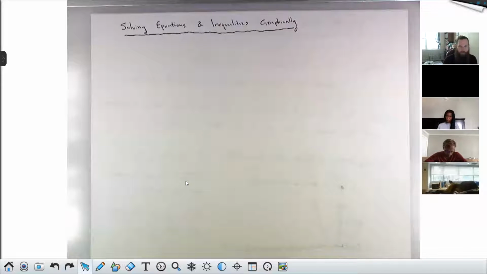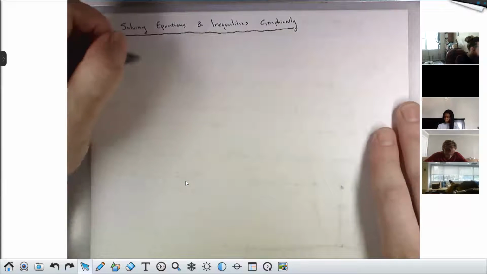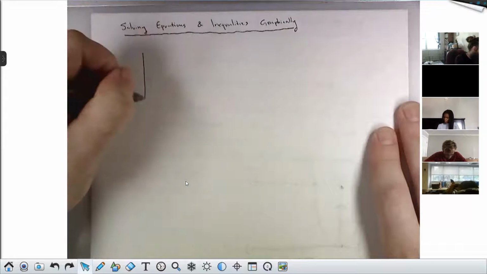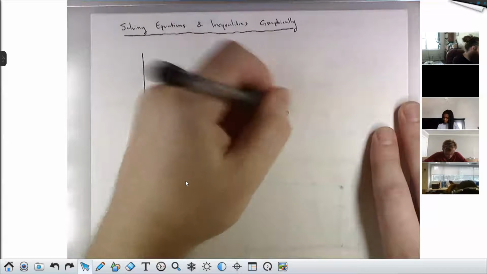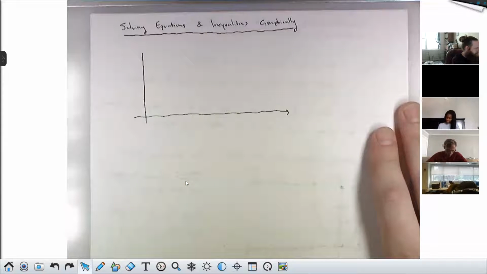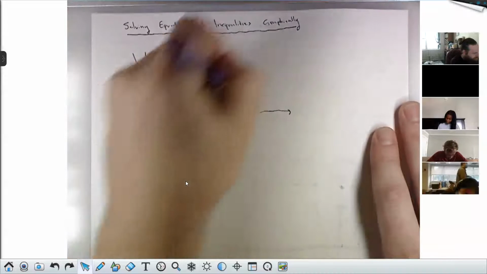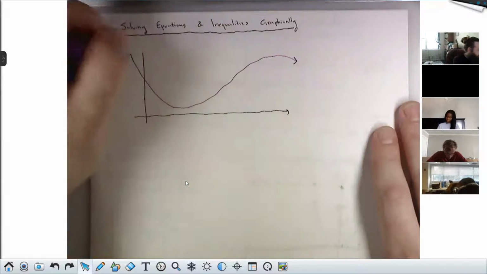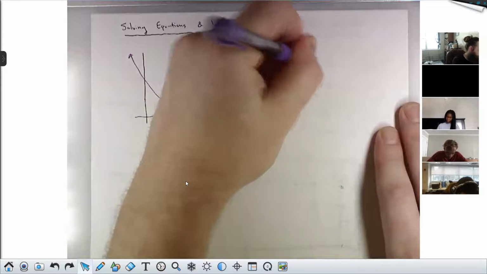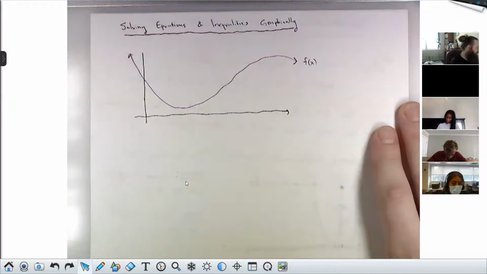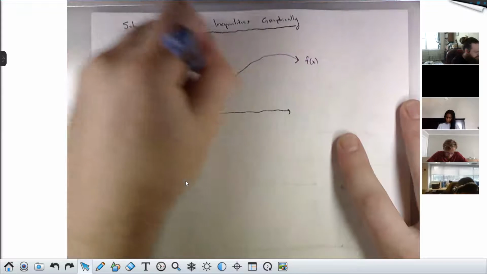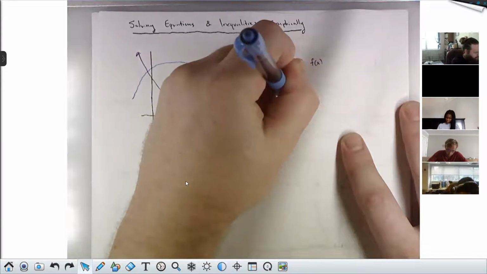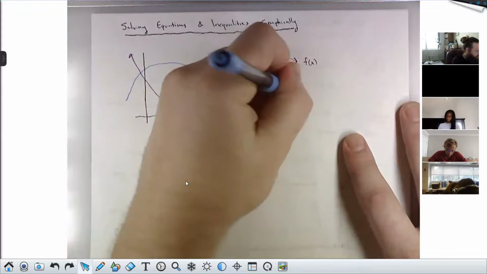I'm going to draw a general picture to start, and then we'll look at a specific example. I'll use some color here. So I have a function here, f, and here, call it g.